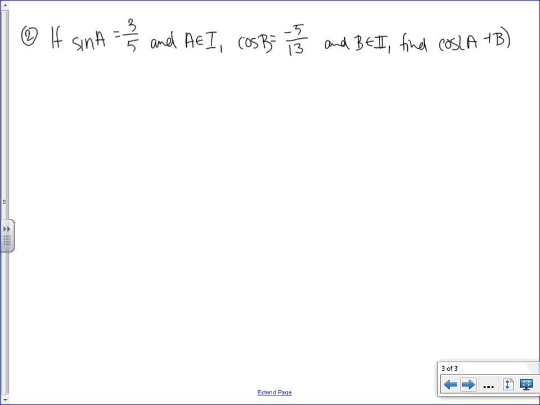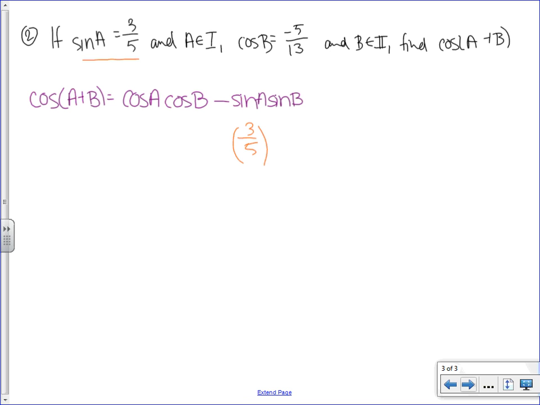Okay, cosine A plus B, we're still going to write our angle sum, in this case our angle sum identity. So the angle sum, cosine A plus B, is cosine, cosine, sine, sine. Alright, gotta change the sign in the middle. And then let's fill in what we know. They told me that the sine of A is equal to 3/5.